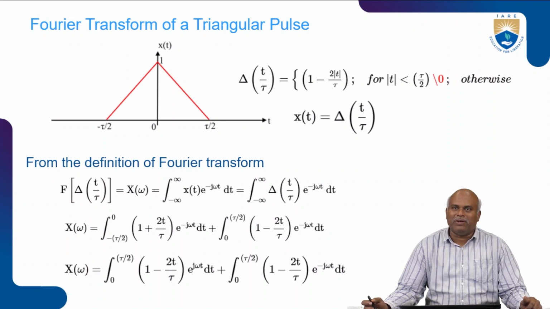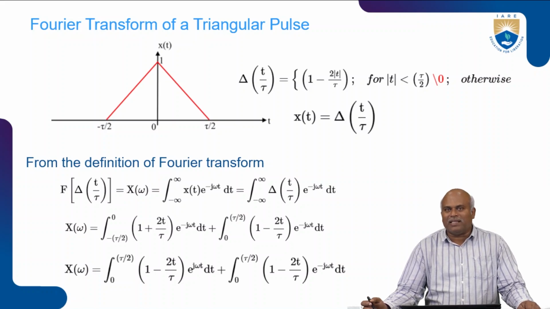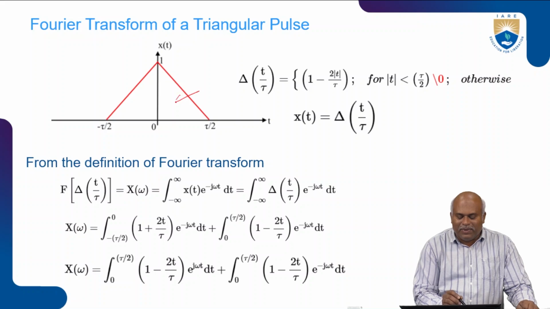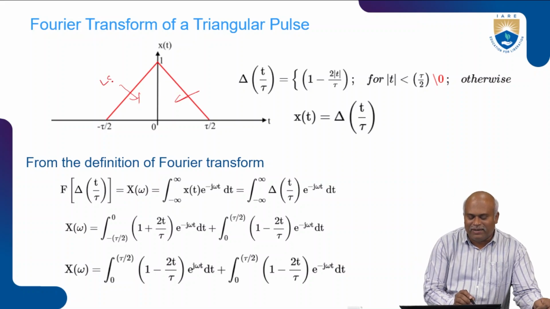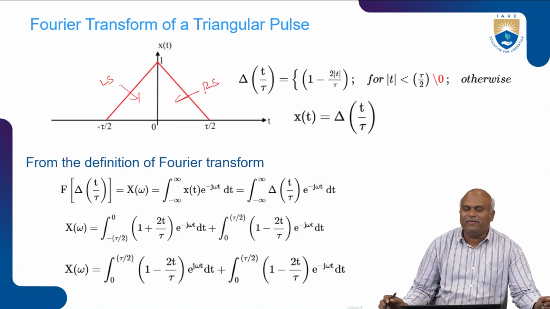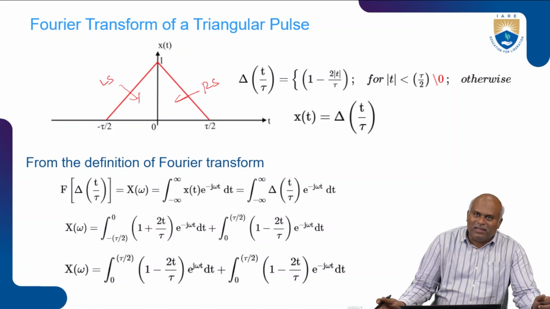The maximum amplitude is equal to 1. It has both sides equal. The left side is going to be the same as the right side. Now, for the Fourier transform, I should use the rectangular signal.